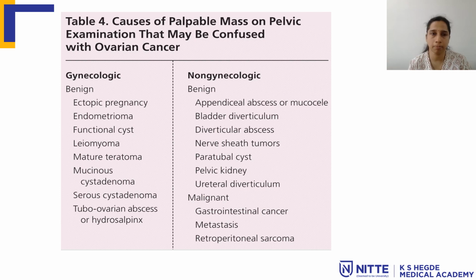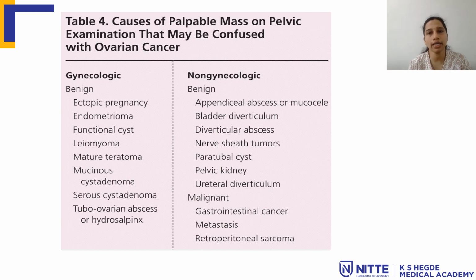of differential diagnoses. It can be gynecologic or non-gynecologic disorders. Under gynecologic differentials, the most common ones are benign, like ectopic pregnancy, endometrioma, functional hormonal cyst, leiomyoma, or tumors like mature teratoma, cystadenoma, serous cystadenoma, which are the common group of ovarian tumor.